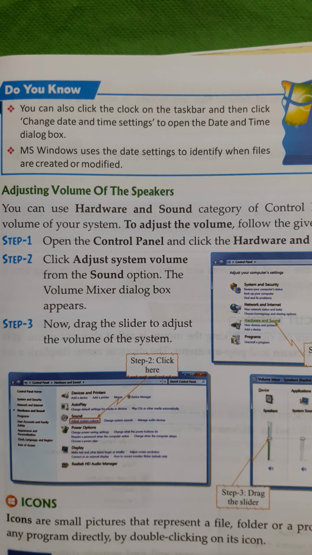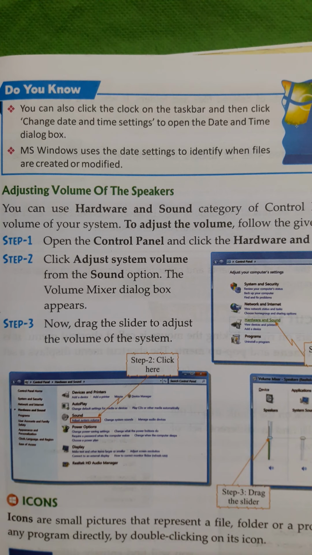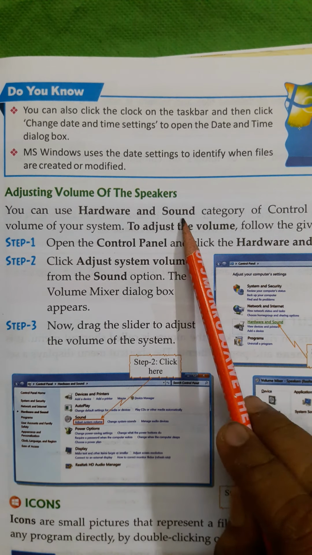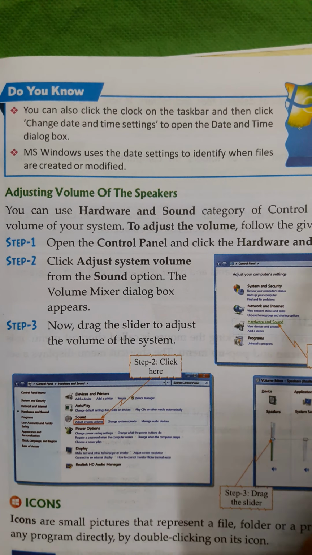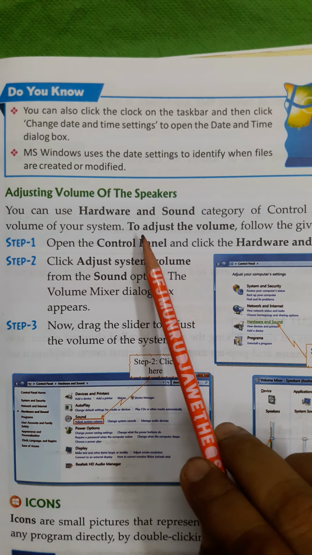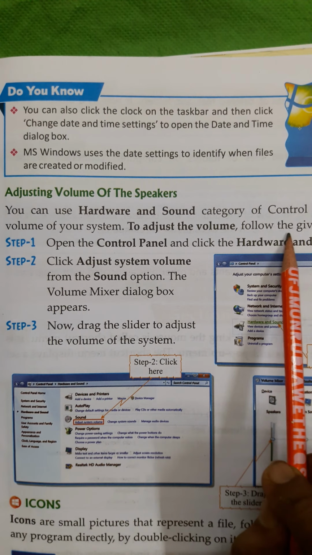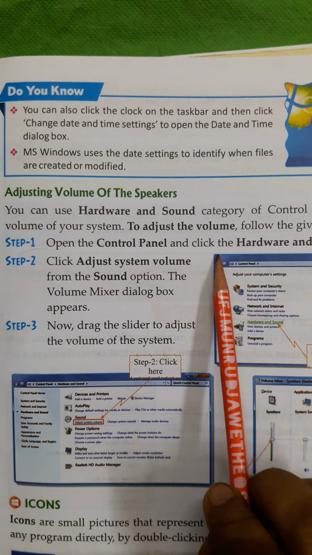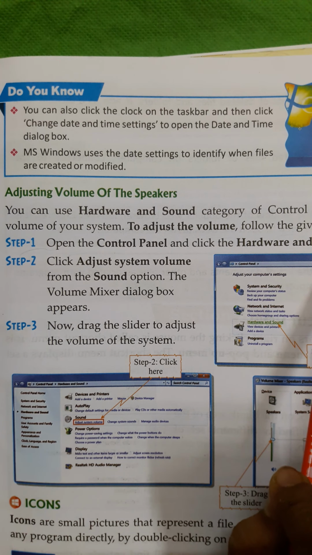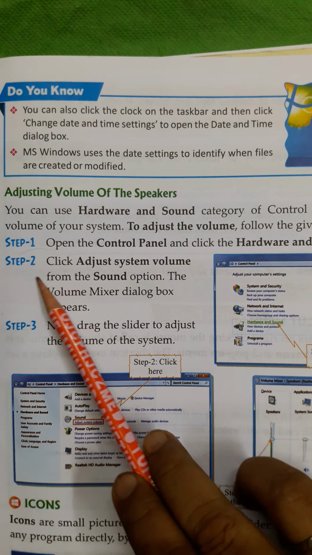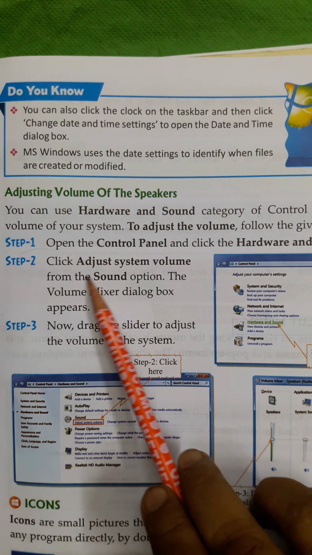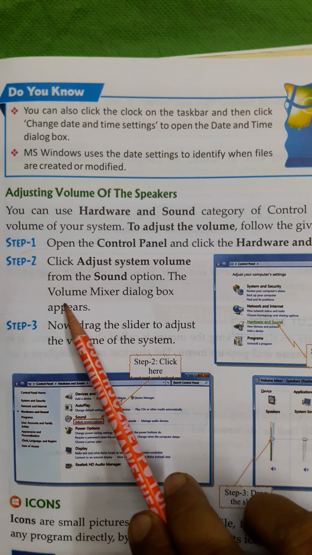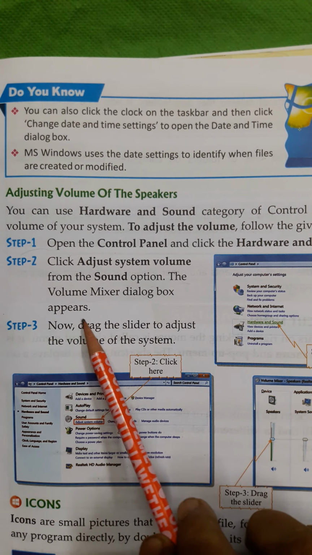The last topic is adjusting the volume of the speaker or the sound. You can use the hardware and sound category of the control panel to adjust the volume of your system. To adjust the volume, follow the given steps. Step 1, open the control panel and click on hardware and sound, what I did and showed you. Step 2, click adjust system volume. From the sound option, the volume mixer dialog box appears.